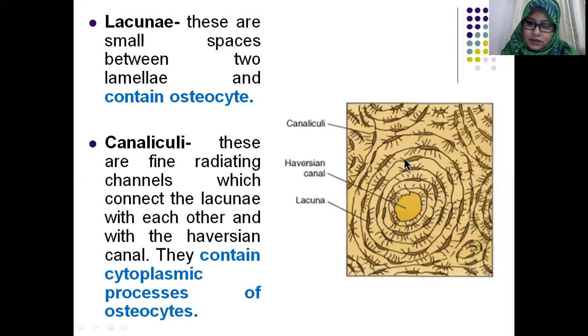And these are canaliculi, these thin spaces which contain cytoplasmic processes of osteocytes, and these canaliculi connect the lacunae to each other and also with the Haversian canal. So this is the Haversian canal, these are lamellae, these are lacunae, and these are canaliculi.